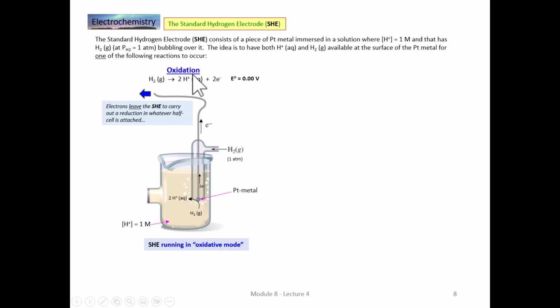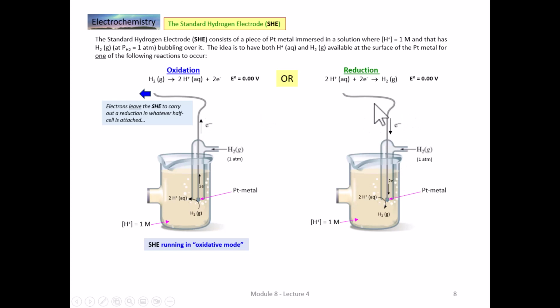Hydrogen gas being oxidized to hydrogen ion, electrons leaving and going to the other half cell while a reduction is carried out. Or we could run it in reductive mode. So here we'd have electrons entering the standard hydrogen electrode from an attached half cell, and at the platinum metal surface we have hydrogen ions being reduced to hydrogen gas.